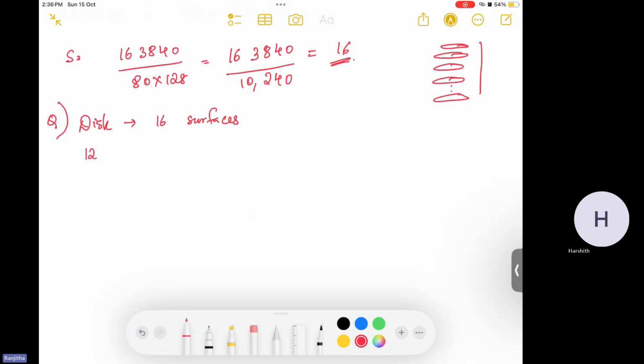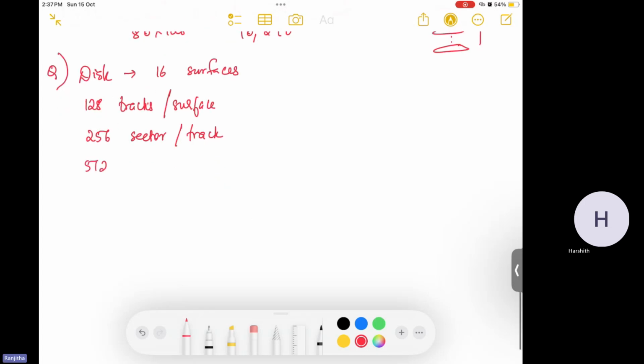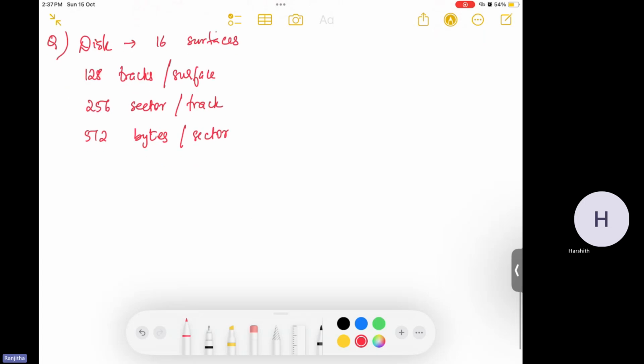So 128 tracks per surface, 256 sectors per track, and 512 bytes per sector. So these are given.